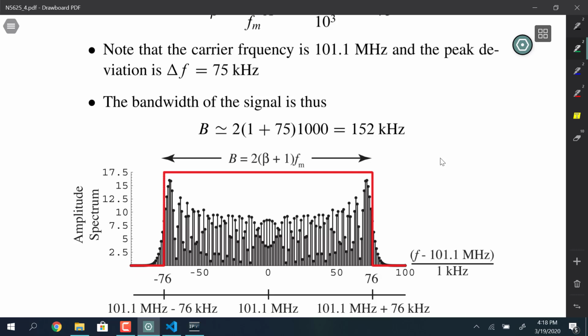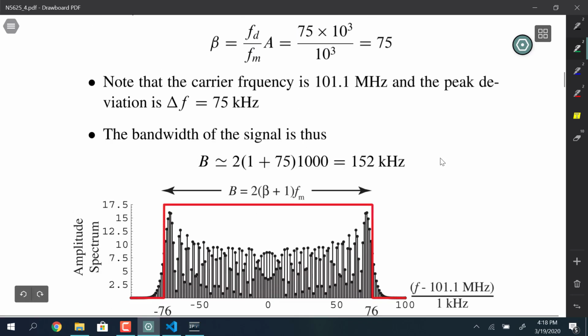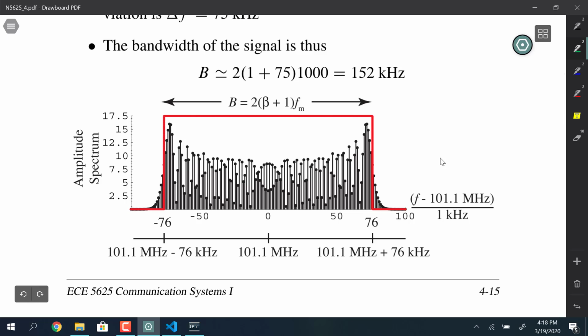So in this case, I just looked at a 1 kilohertz tone with that deviation set up, and you can see that that signal expands the bandwidth out from plus and minus sidebands at 1 kilohertz all the way up to in the neighborhood of 76 kilohertz above and below the carrier frequency.